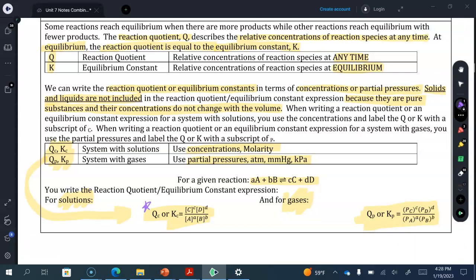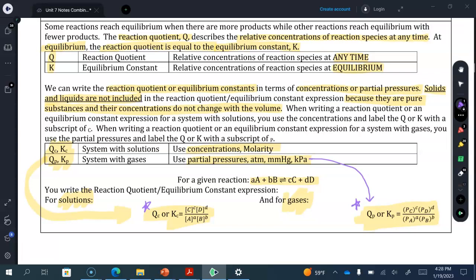For gases, we have this one. I do want to add that you want to pay attention to what units you're given. If you're given units for pressure, make sure you are writing your expression in terms of pressure.